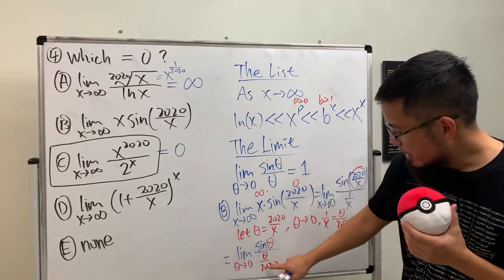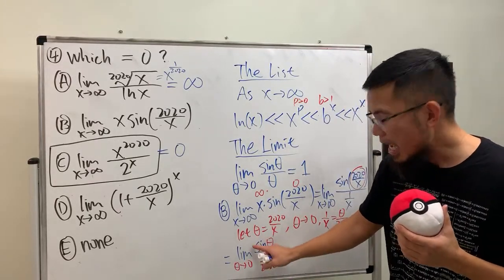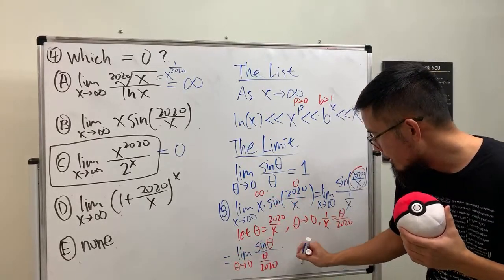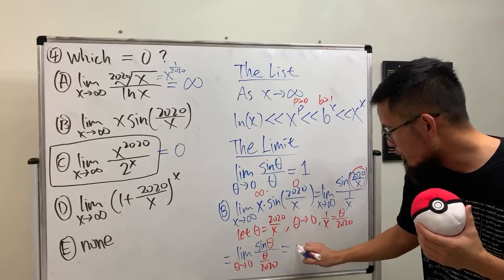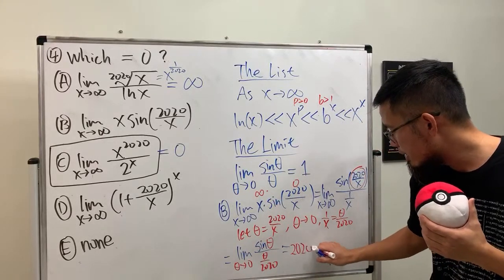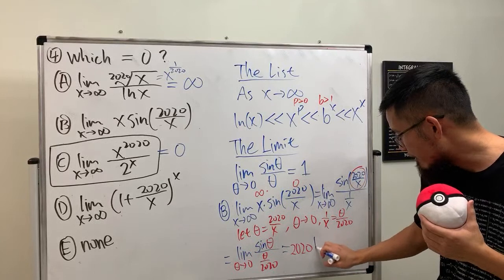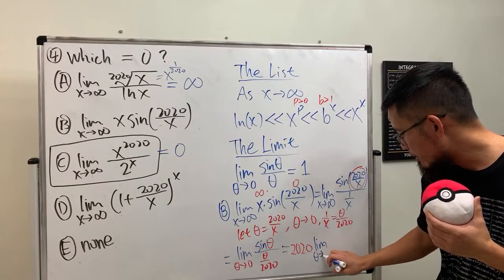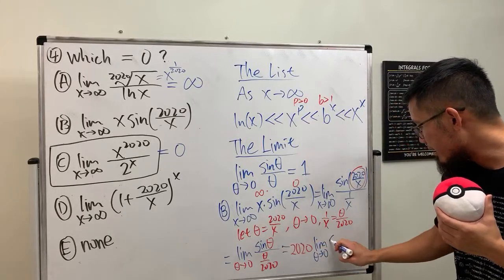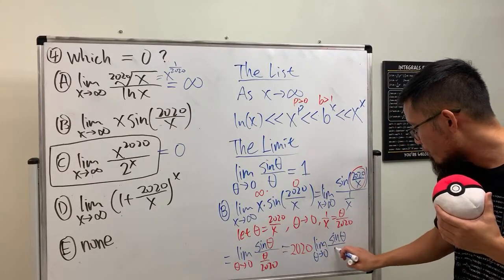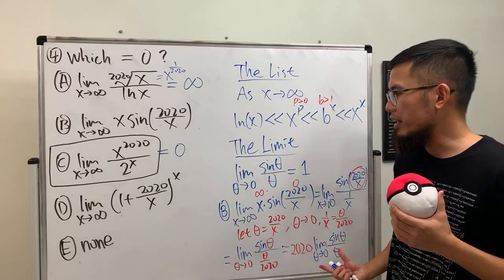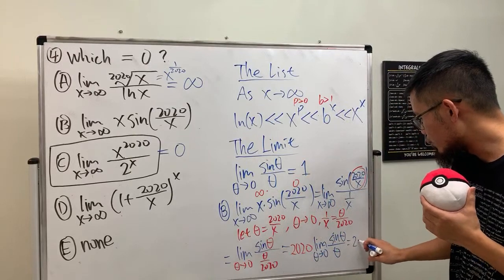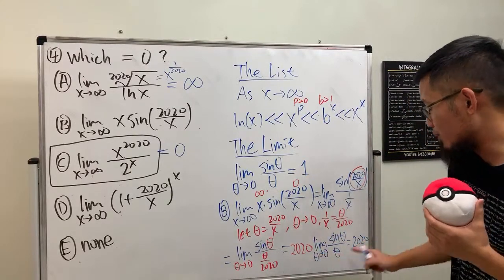This 2020 is just a constant multiple, so it can go to the front. For the rest, we have the limit as theta goes to 0 of sine theta over theta, which is nicely equal to 1. So all in all, this equals 2020 times 1, which is 2020.